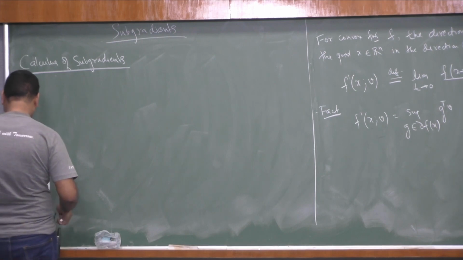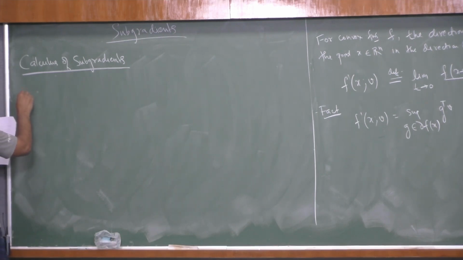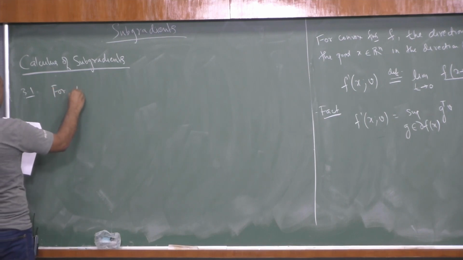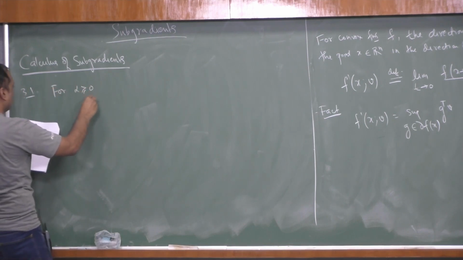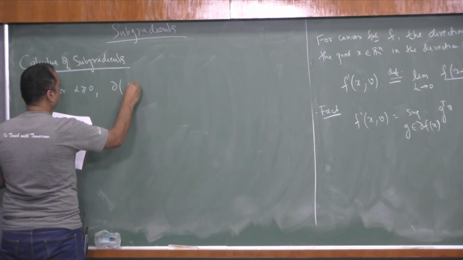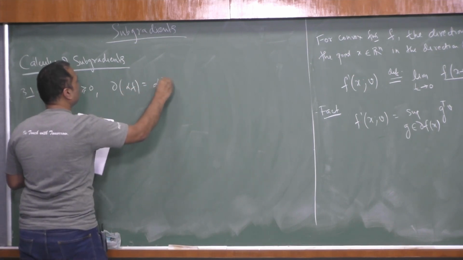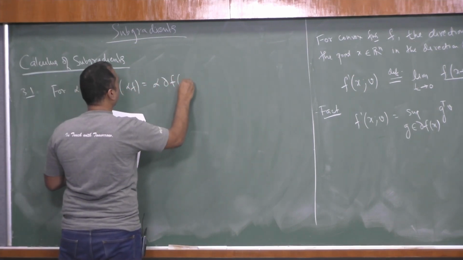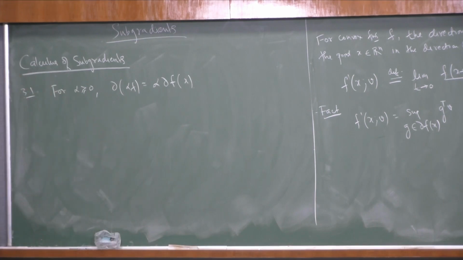So we try to put this in one place. For alpha greater than or equal to 0, if I take the subdifferential of alpha f, then alpha comes out. There is no surprise here; it is similar to the usual derivative.